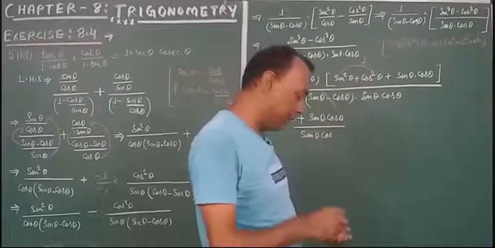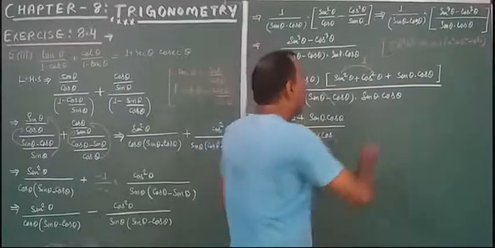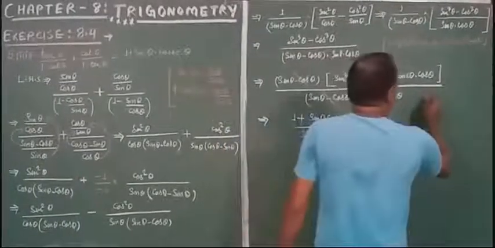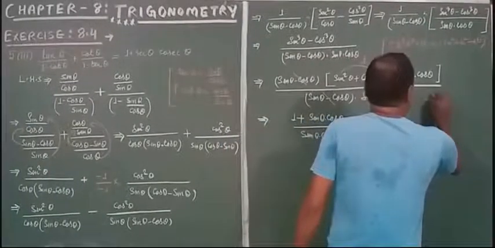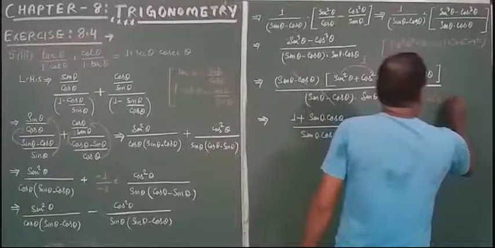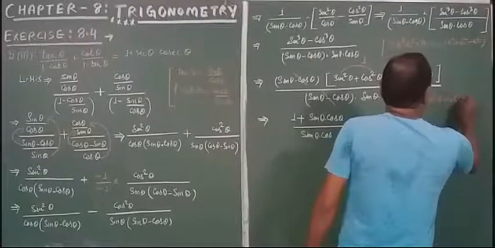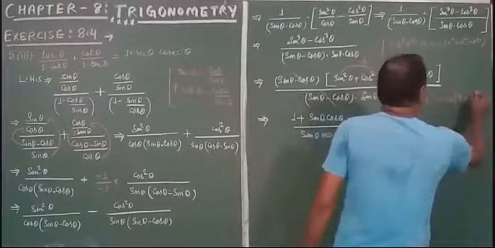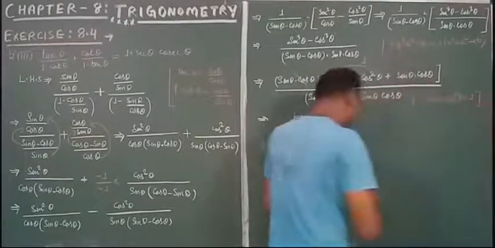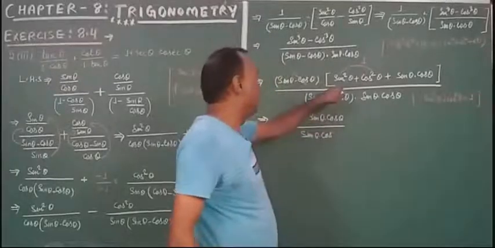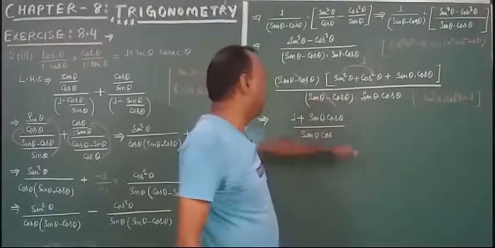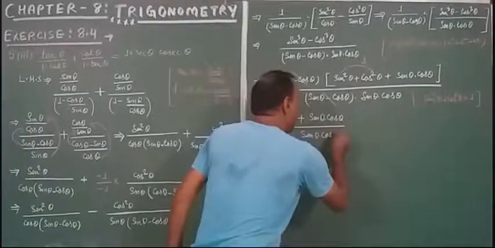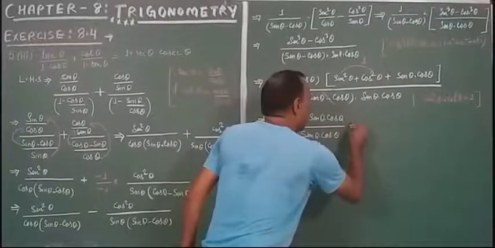This is an identity, and plus sin theta cos theta is there. So what I am using here is sin square theta plus cos square theta is 1. This is the identity which I am using here. So this will become 1 plus sin theta into cos theta divided by sin theta into cos theta.